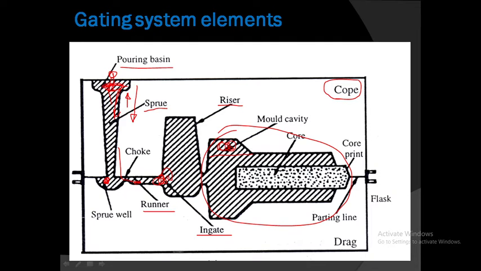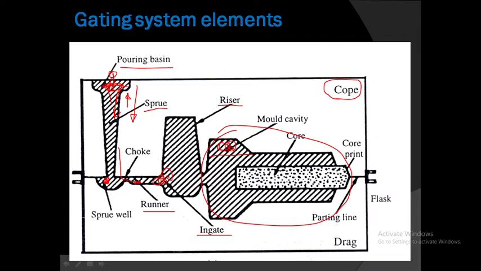Okay, so whatever the ingates are there, these ingates should be positioned in such a way that the natural flow of metal is possible. Whatever the flow of metal is there, it should not be directed towards mold walls or core substance, which may result in overheating or burning and sand wash.